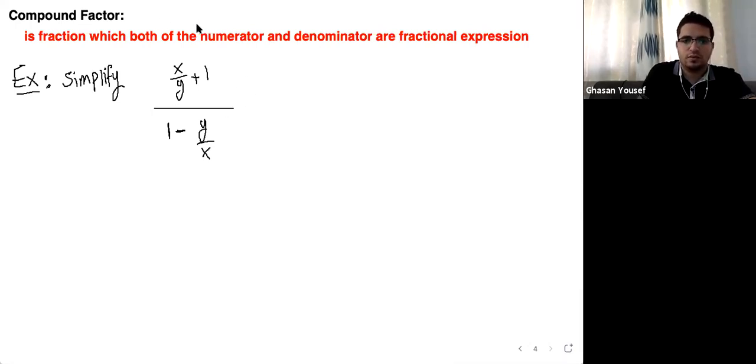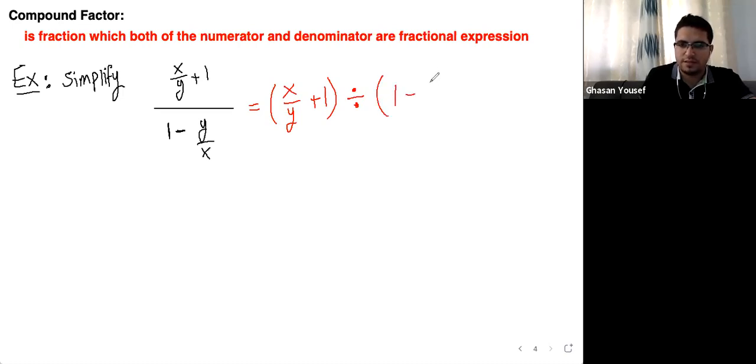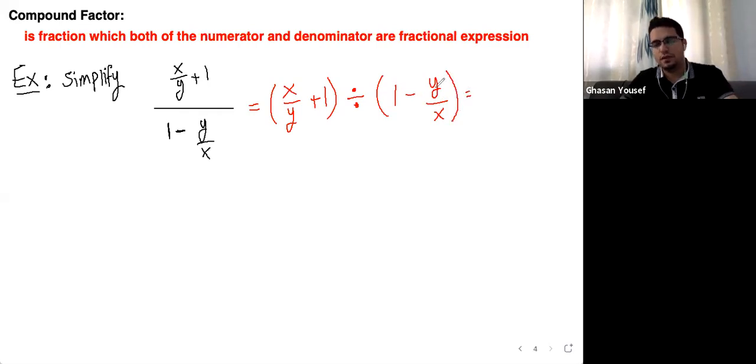I'm going to do this step by step. First of all, I have to rewrite this fraction as x over y plus 1 inside parentheses, divided by the fraction in the denominator, 1 minus y over x. This is the first step.